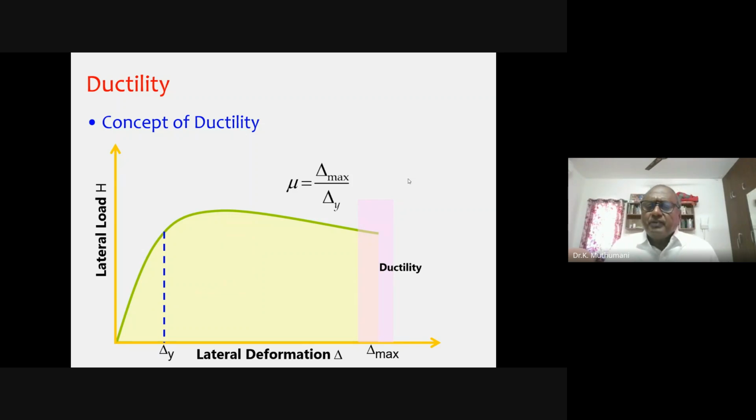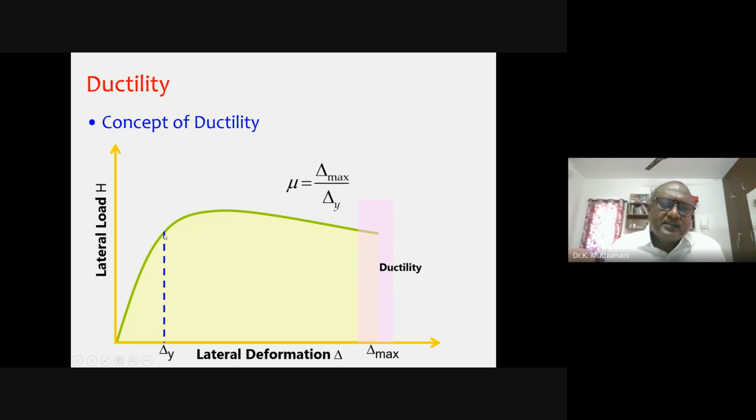For example, if you have a building and you apply a lateral force and then try to find out the lateral deformation of the building, let me say you are applying a force at the top of the building and finding the lateral deformation at the top. Suppose you plot a curve like that, that is the curve you are seeing here. The first point is that the structure is going to yield. We are not afraid of that.